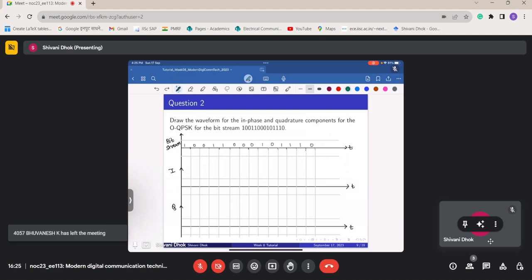So the first one is the in-phase component. Then we have a quadrature component as 0. Then we have 0.